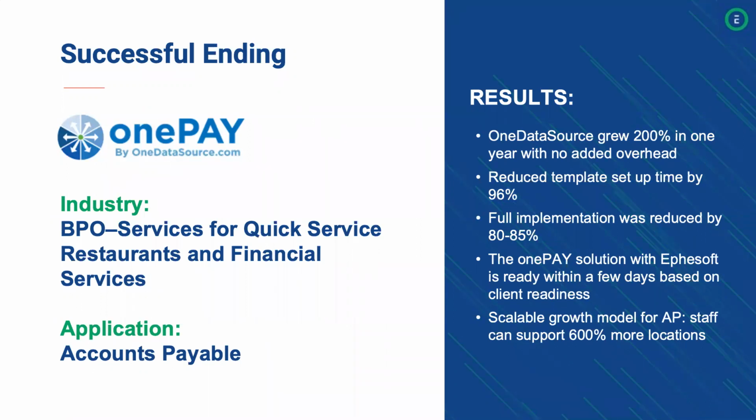So this case study, OnePay, is actually a BPO, a business process outsourcing company. All they do is process invoices, and they do it for your favorite fast food restaurants, but also for financial services organizations. Their whole business model is processing invoices for other people. So this is the volume play.